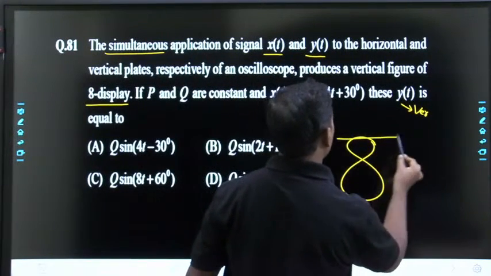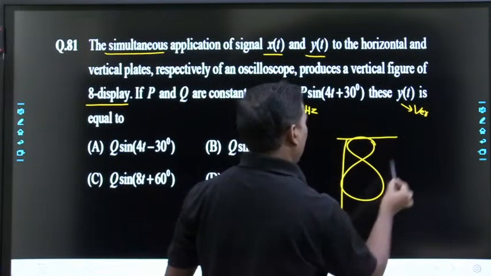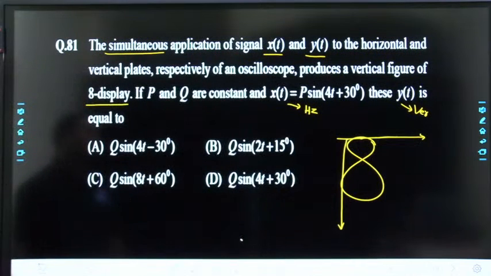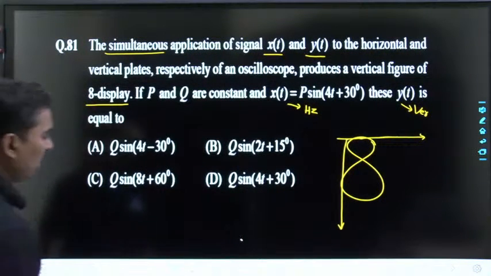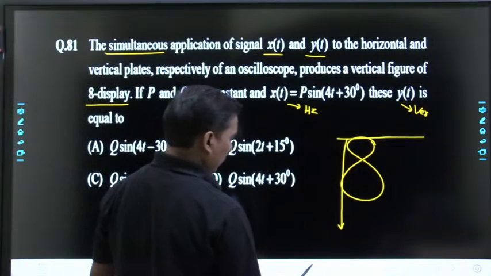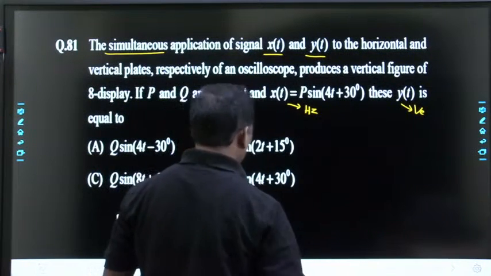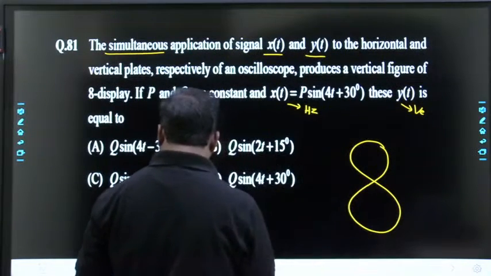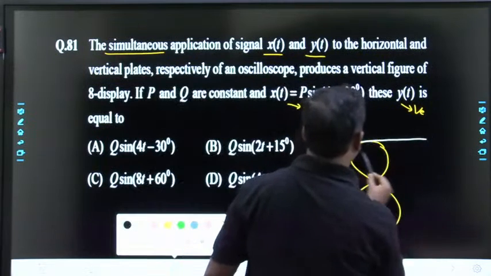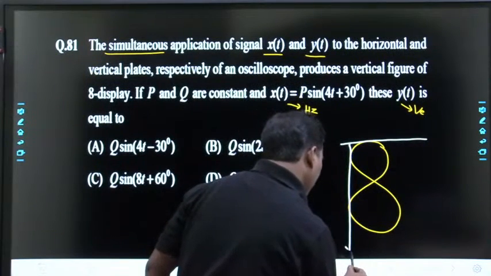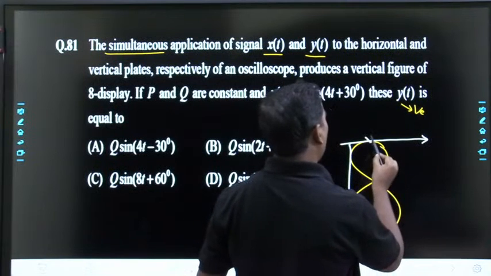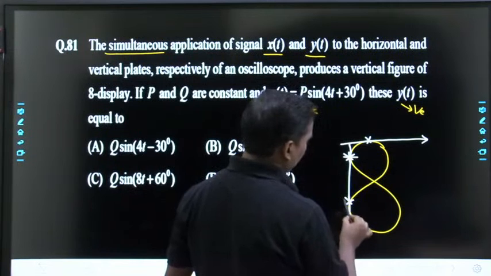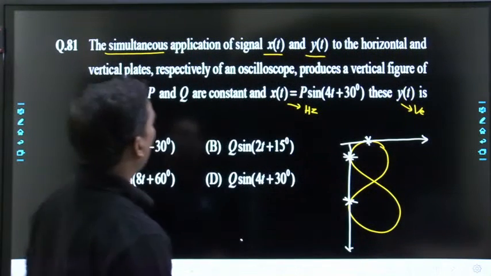So this is the Lissajous pattern. If you see the Lissajous pattern, the number of horizontal tangencies is 1 and the number of vertical tangencies is 2.